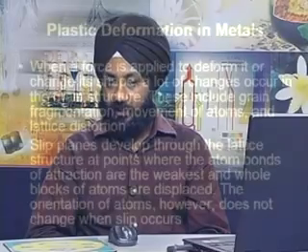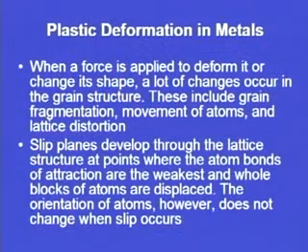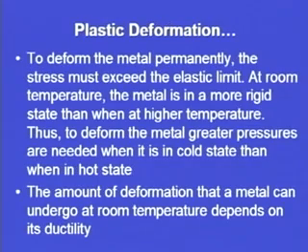Slip planes develop through the lattice structure at points where the atom bonds are the weakest, and whole blocks of atoms are displaced. The orientation of atoms, however, does not change when slip occurs. So, the orientation of atoms will remain the same. Now, in order to deform the metal permanently, the stress must exceed the elastic limit.